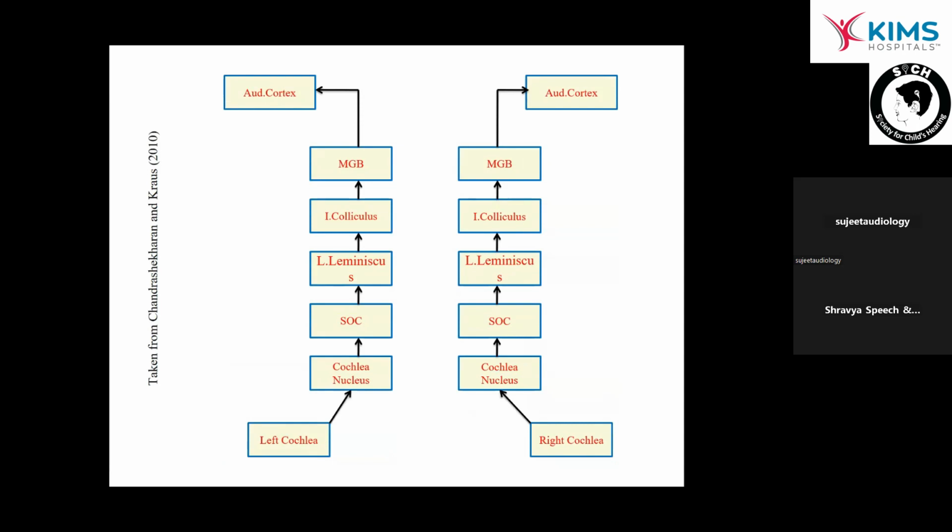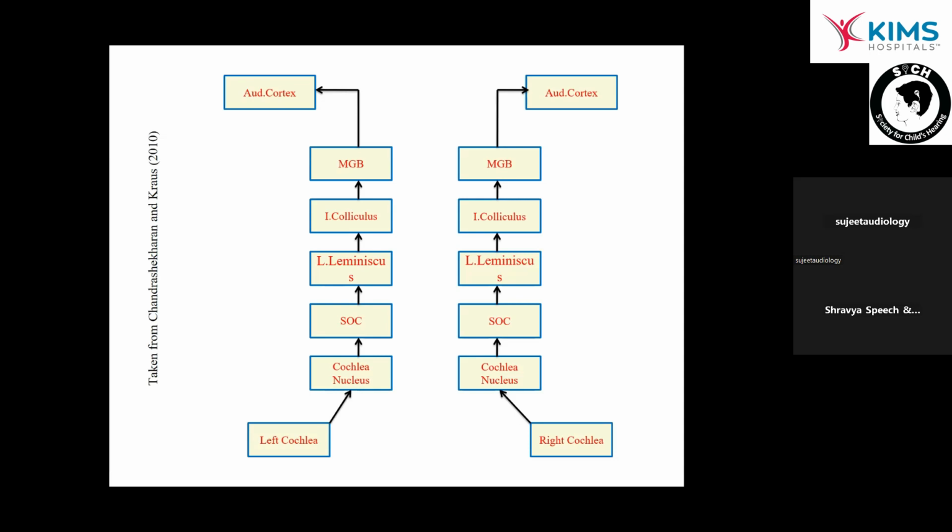This pathway we also know as CNS LIMCA. CNS stands for cochlear nucleus, S for SOC, L for lateral lemniscus, I for inferior colliculus, M for medial geniculate body, and then auditory cortex. So the easiest way to remember this whole pathway is CNS LIMCA.